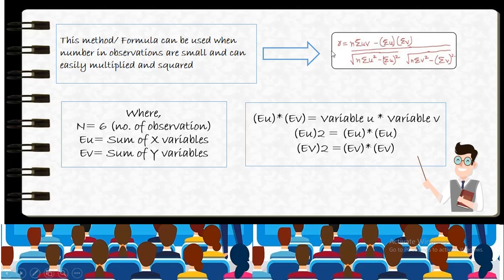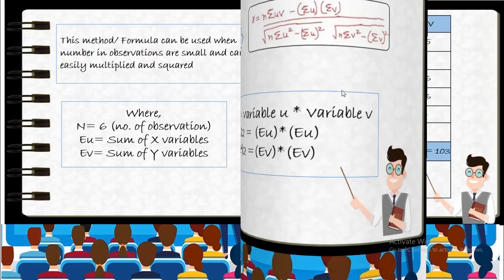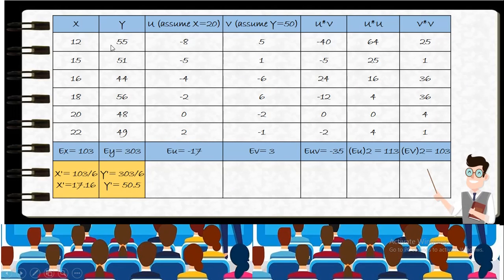This is very similar to the xy formula, but when x bar and y bar are not full numbers, we need to use the same formula. So when we total x, that is 12 plus 15 plus 16, 18, 20 and 22, the total comes to 103, and x bar will be 103 divided by the number of variables, which is 6, that is 17.16.